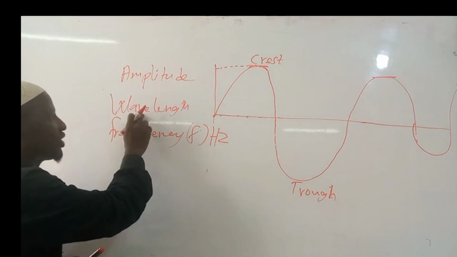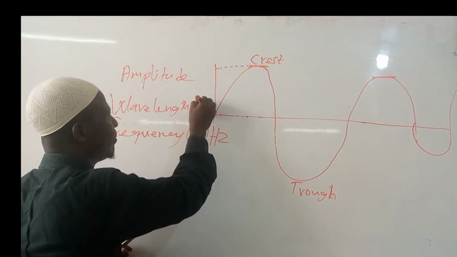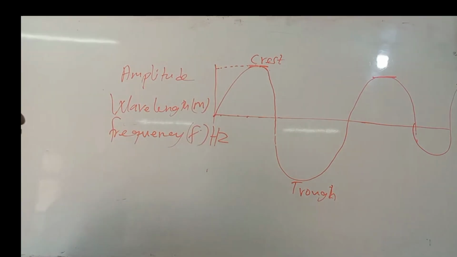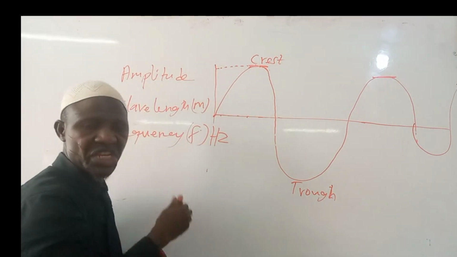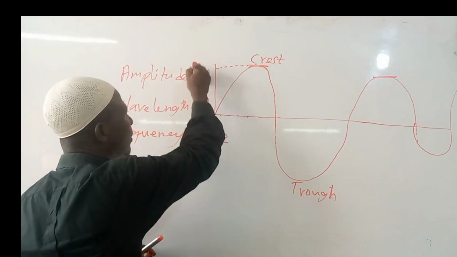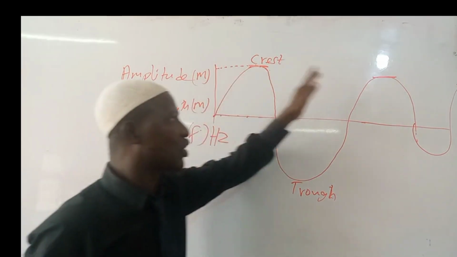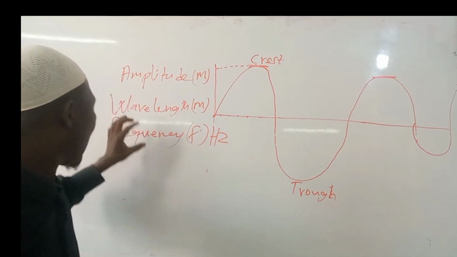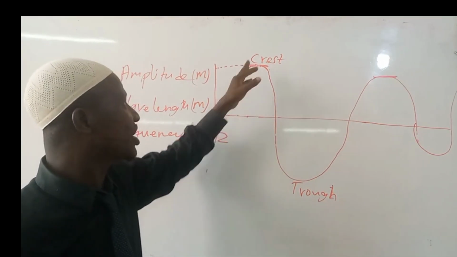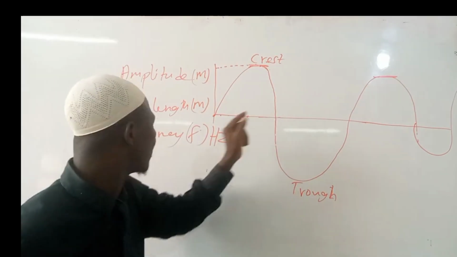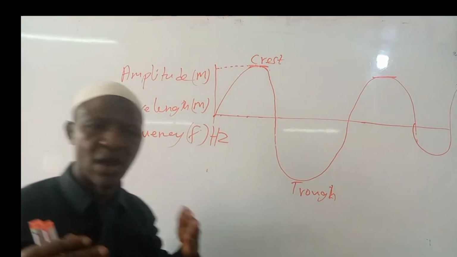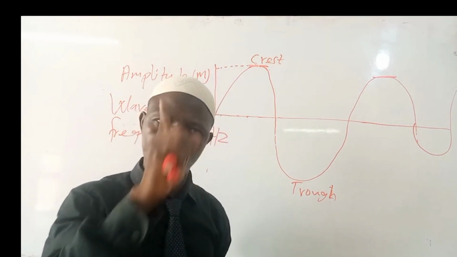Then the unit of wavelength is meter, m. Amplitude is also measured in meters. So don't forget, wavelength is the distance between successive crests, amplitude is the maximum displacement from equilibrium position, and frequency is the number of complete oscillations in 1 second.